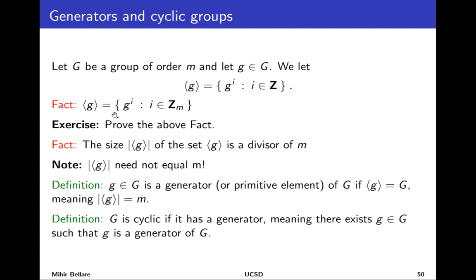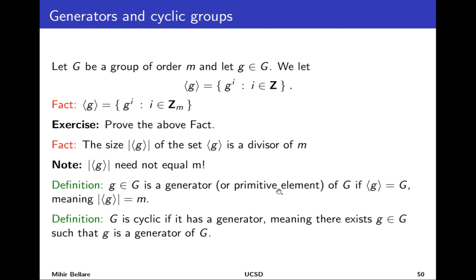Now, that means that for some choices of g, maybe this set has the full maximum size m, and sometimes it's smaller. Those g for which it has size m are special and we like them. We call them generators, or as per the video also a primitive element.